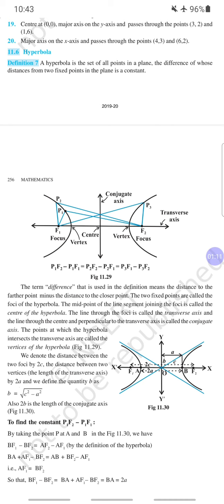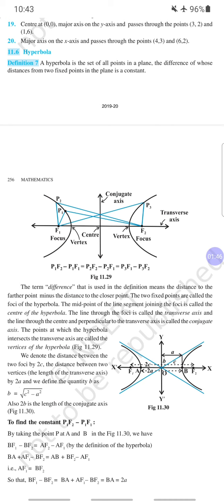If we look at the graph of the top one, we have taken points P1, P2 and P3 on the graph, and the relation is that if we take the line P1F2 and subtract P1F1 from it, whatever we get will be equal to P2F2 minus P2F1.